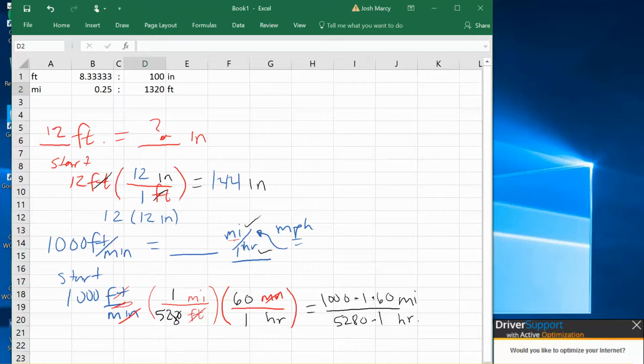If we had set this all up in Excel, which I have in my other video, it would do all this computation for us. I showed you how to put in different cells and make it do all that math. I'm going to be a little lazy right now and just have it do it.